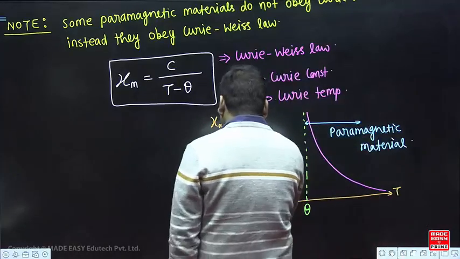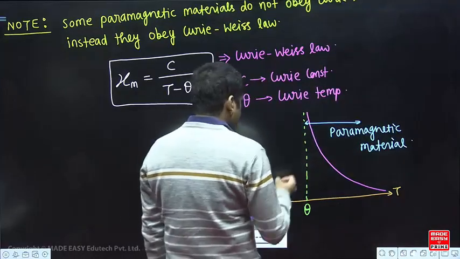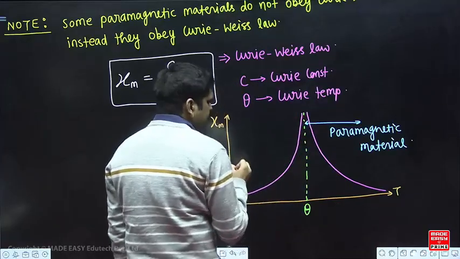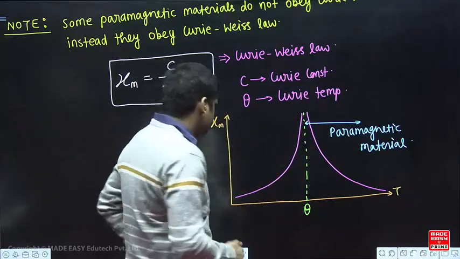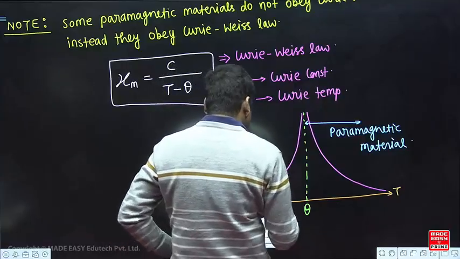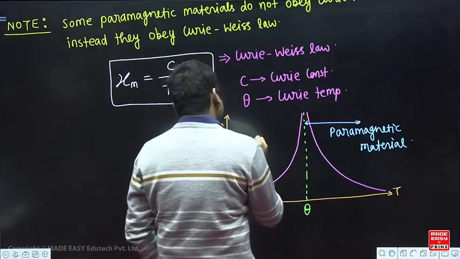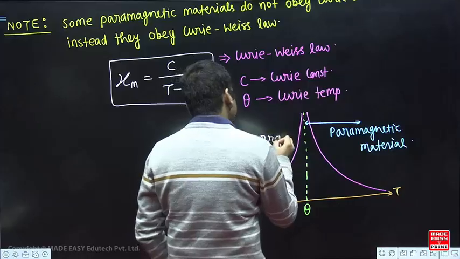But below this temperature it does not obey this law; it is something like a mirror image of this. Below this temperature the material does not remain paramagnetic. Instead it is ferromagnetic.